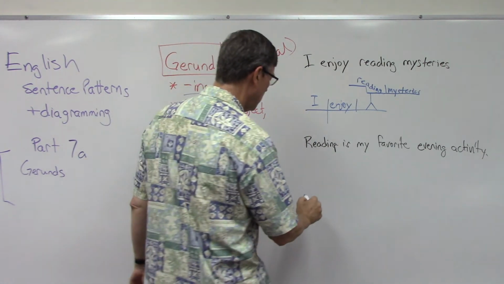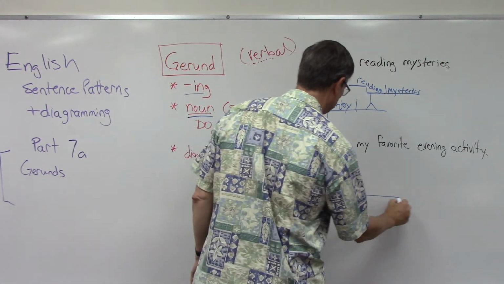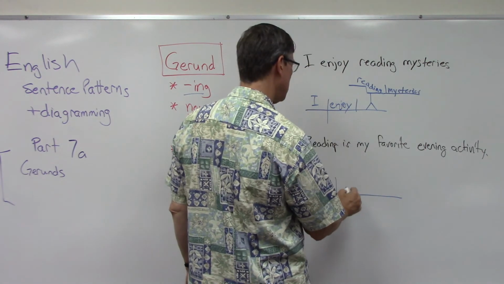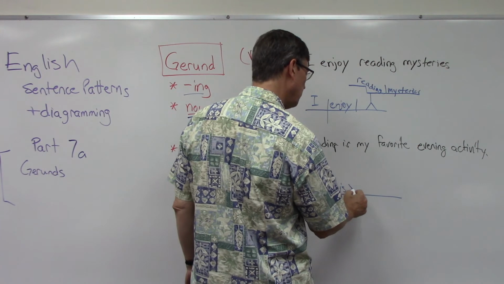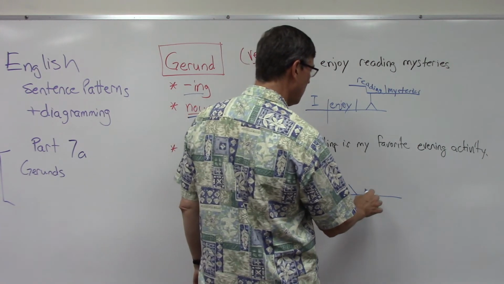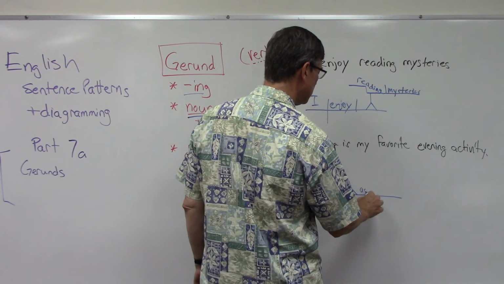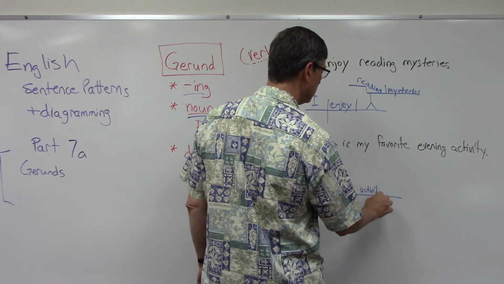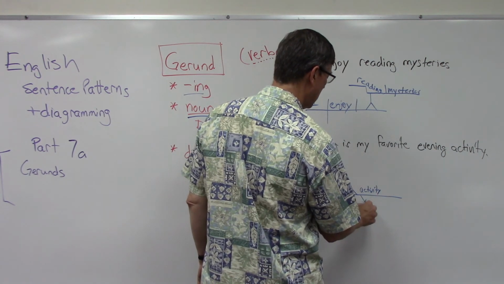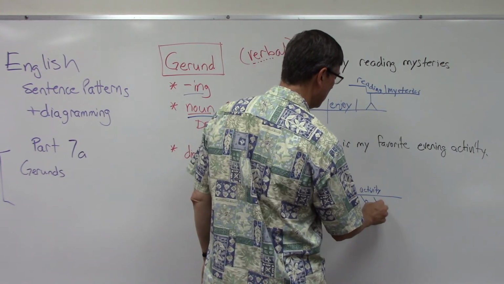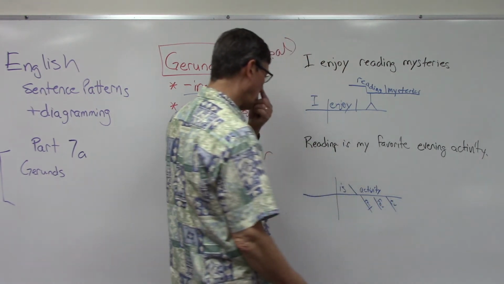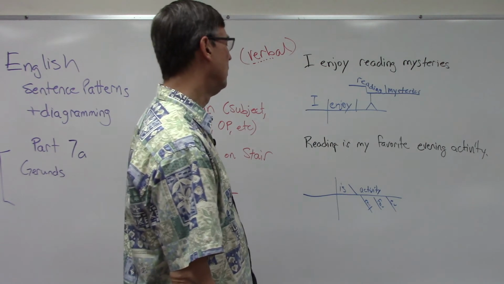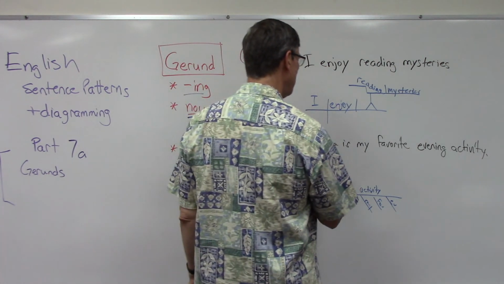Down here, let's see what we're going to do. Reading is the subject. Now, because that's a linking verb, we're going to do the slanted line. We're going to do activity. My favorite evening. Okay? All of those describing activity. What do we do with reading?